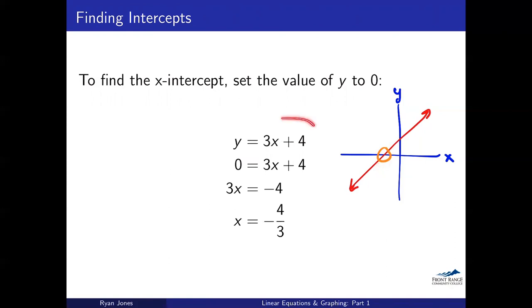This will look a little bit different here. When we start with our y equals 3x plus 4, we're going to set y equal to 0. Now we have to do a little bit more manipulation. We have to actually solve for x. I'm going to start by subtracting 4 from both sides.